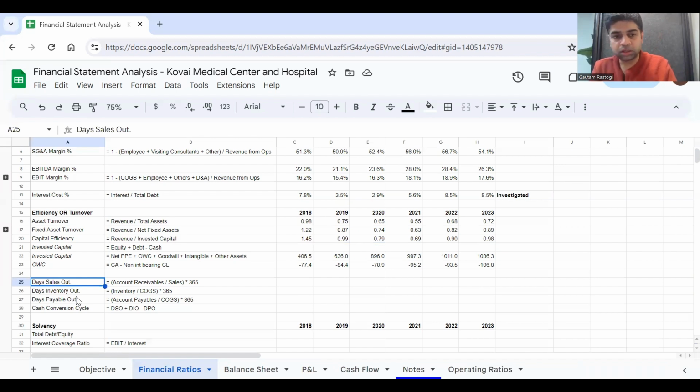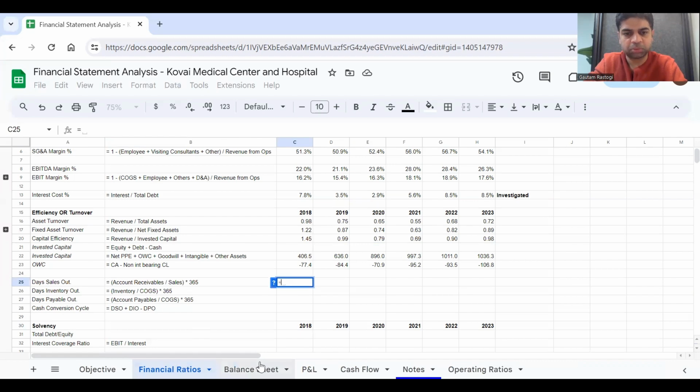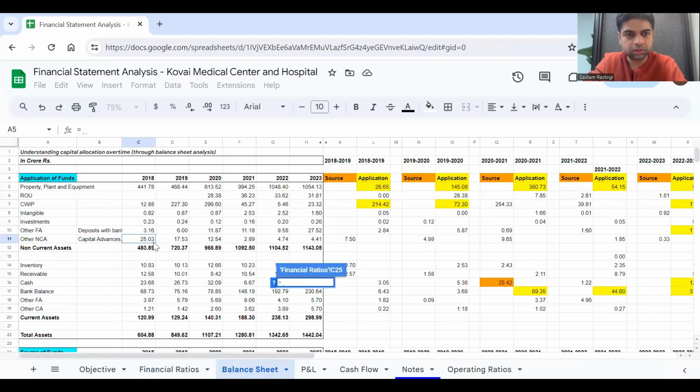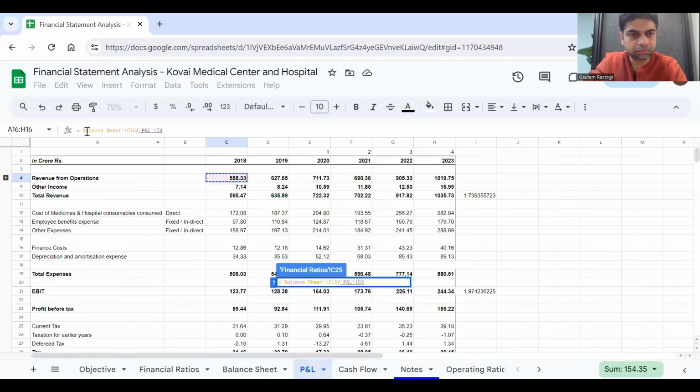So let's first estimate that because there's an interesting observation here. Account receivables. Where is it? Yeah, receivables divided by 2365.